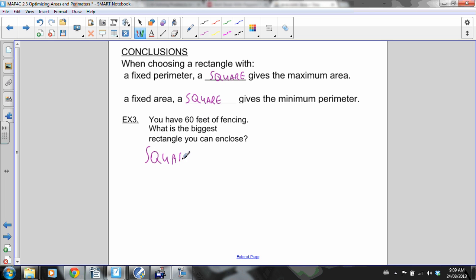Well, we're going to make a square, aren't we? Draw a diagram, make a square. And so we don't know what the side length of the square is, but we know that it's going to be 60 feet all the way around the outside. Well, all the way around the outside, 60 feet is 4x, and that's got to be equal to 60. Divide both sides by 4.